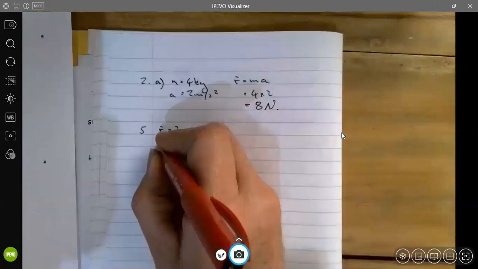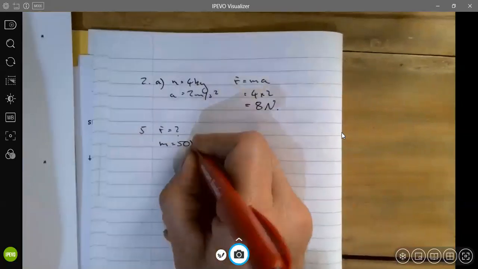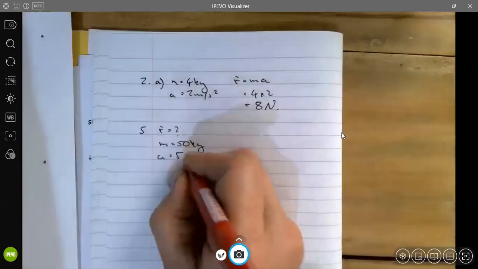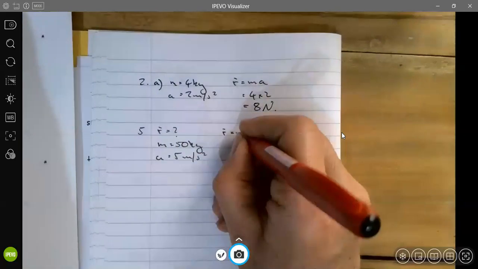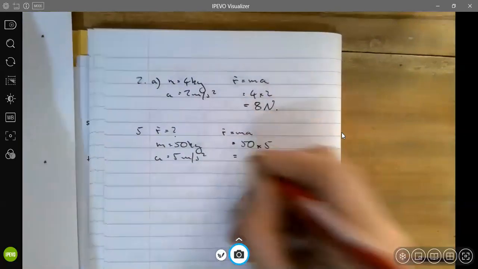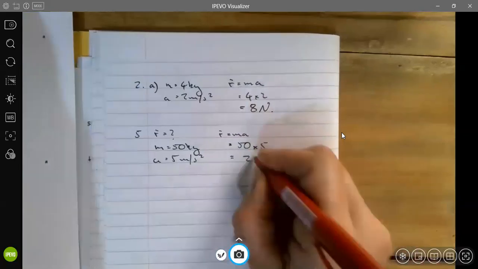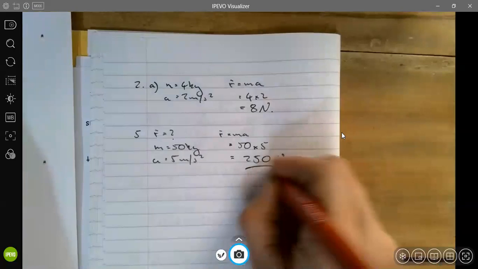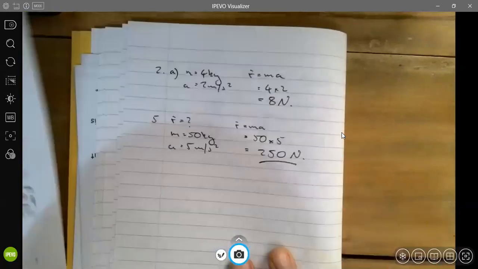We do know that the mass is equal to 50 kilograms and the acceleration is equal to 5 meters per second squared. So force is equal to MA. That's equal to 50 times 5. So 5 lots of 50 is 250 newtons.